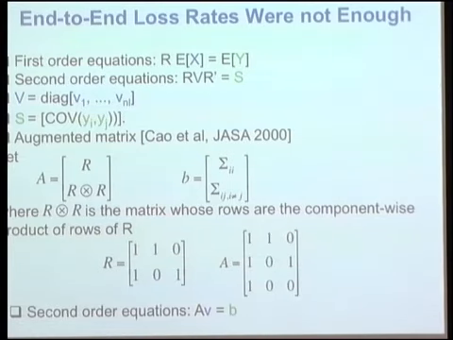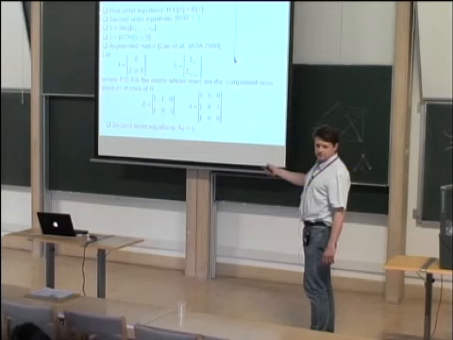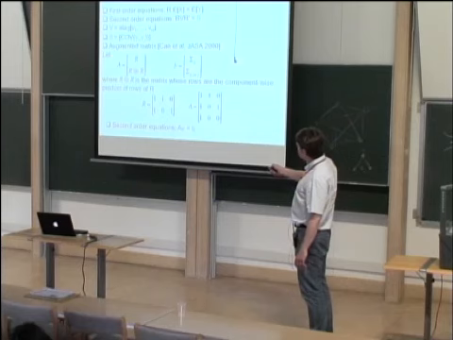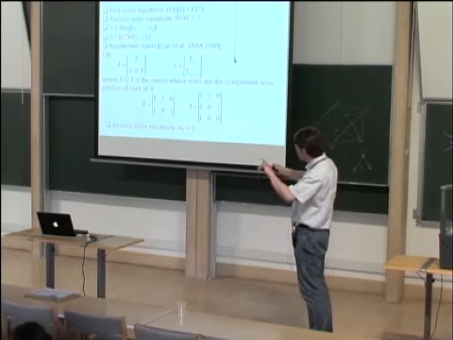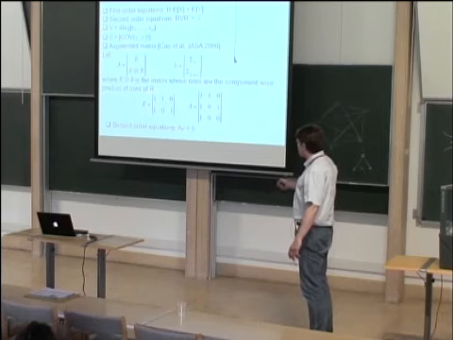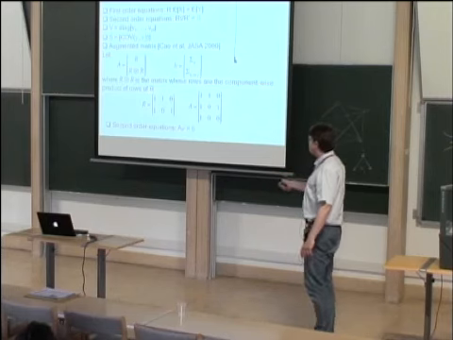Well, all possible pairwise products of different rows I can construct will give me the augmented matrix here. And writing V as a vector of the different variances of the different loss rates, B as the vector that contains all the entries of the covariance, so all the variances and all the covariances of the paths i and j that correspond to the product of the different rows, I can write this equation again as a system of linear equations.